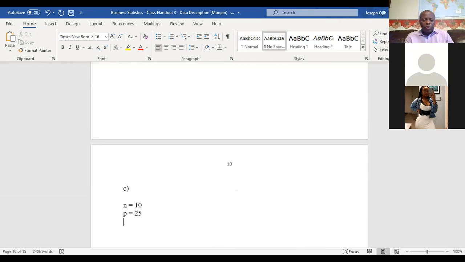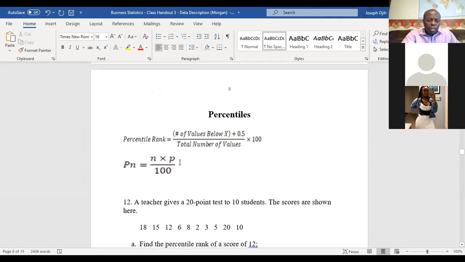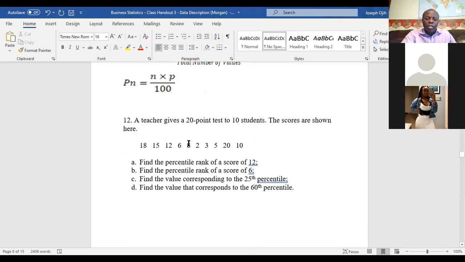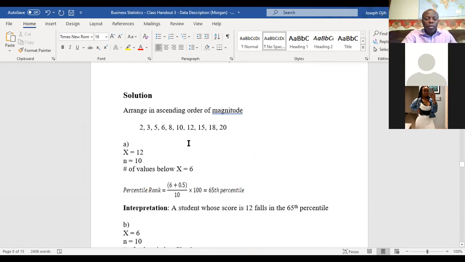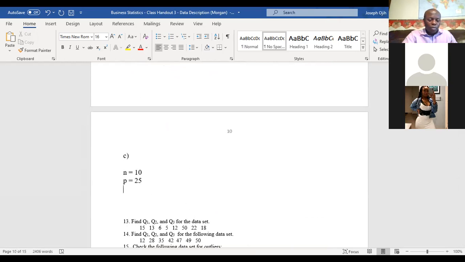So now we're going to use this formula, the second formula that I showed you, which is n times p over 100. And then when we get the answer, we use the answer to locate the percentile of interest from this list. So having this, we can go to this place and plug it in. Okay.